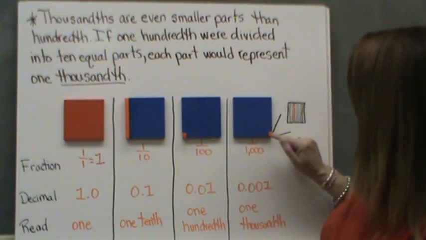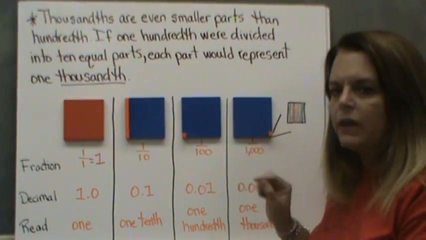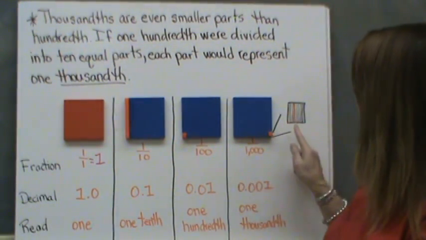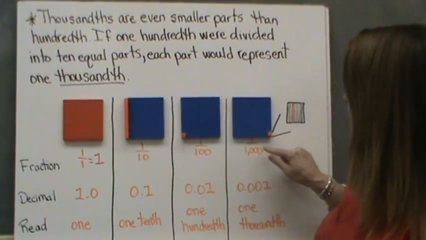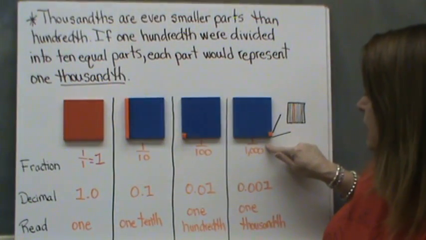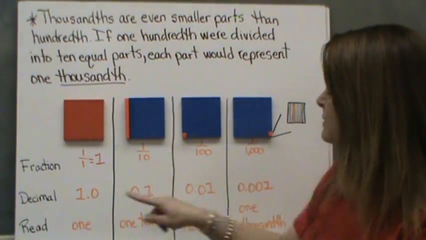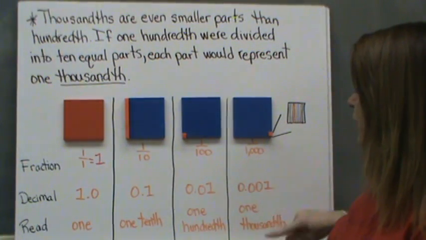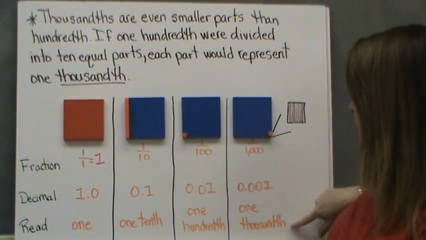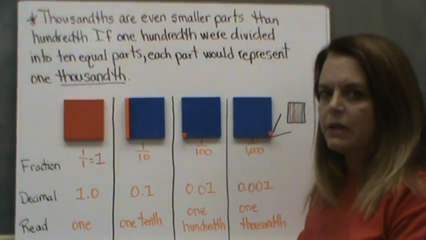So it's 1/10 of that little square. If I could cut that little square into 10 pieces, one of those would be 1/1000th. So my fraction is 1/1000th. My decimal is written as 0.001, and I read both of these as one thousandth.